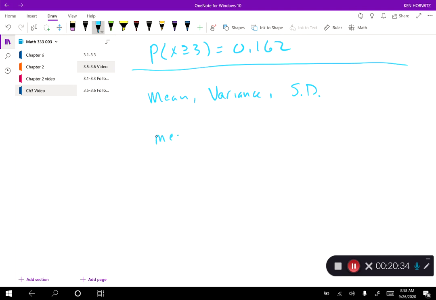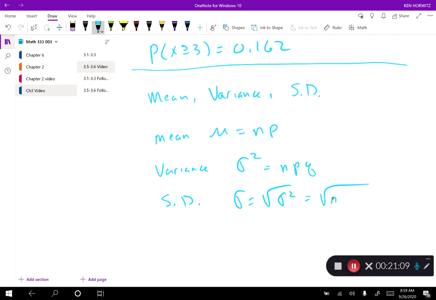So the mean, because it's a fixed number of trials, we could say population mean equals n times p, variance, use population once again, n times p times q, and the standard deviation equals the square root of our variance, which also equals the square root of n times p times q.